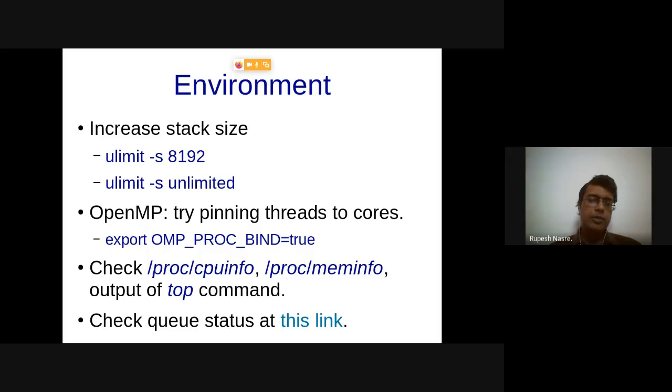Another output which might be useful, not probably on the Aqua environment, but in your lab system when you have multiple students working on the same machine, where you might not have a queue system, is to check if somebody else is running code. So you are performing some experiments, and for a particular problem size, you expect that it should finish in, let's say, 60 seconds.